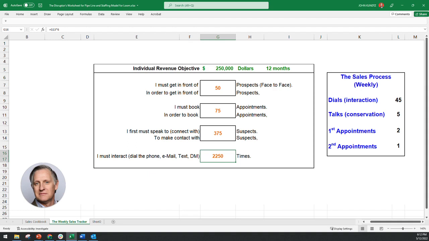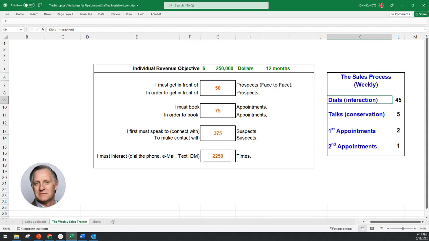There are a bunch of ways to create interaction in today's digital world. But at the end of the day, I need to probably get about 2,250 interactions. If I then do the math on a weekly basis, that means I need 45 dials, as I used to call them, but these are interactions a week.